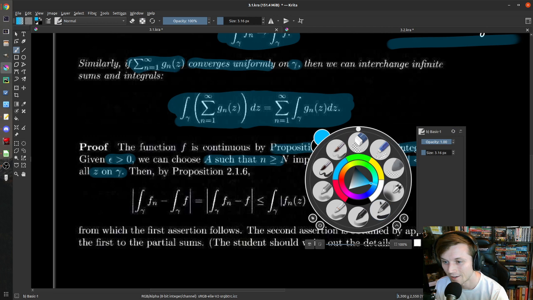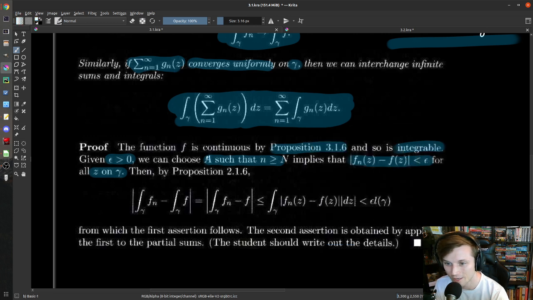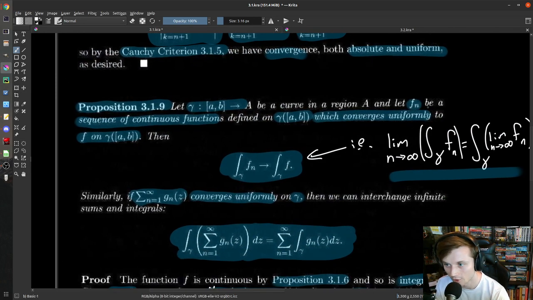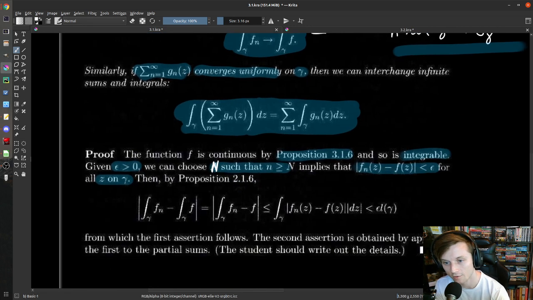Oh, textbooks making mistakes. This should not be an A. That should be an N. We're not choosing A. That's an N. We're choosing a big capital N so that little n bigger than capital N implies that the modulus of f_n minus f is less than epsilon for all z on gamma, since we converge uniformly to f on the image of gamma, right? On that curve. All right, fair enough. Sorry about that. The textbook had a typo there that I didn't catch on my first read through.